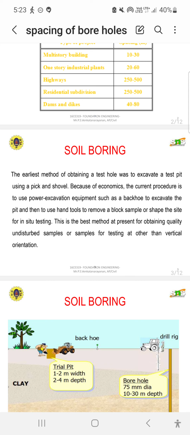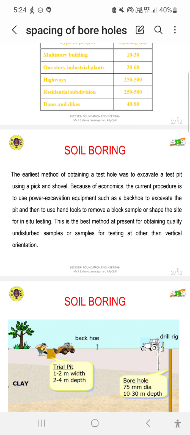For the current procedure, we use power excavation equipment such as a backhoe to excavate the pit, and also use hand tools to remove a block sample or shape the site for in situ testing. In our early method we used the pick or shovel, but now the trend is power excavation equipment.